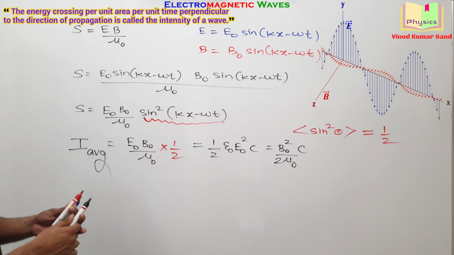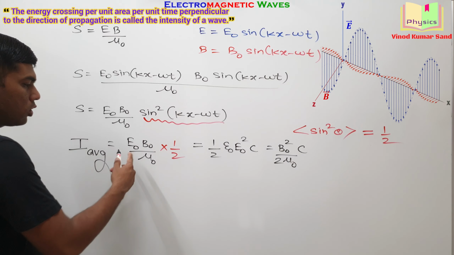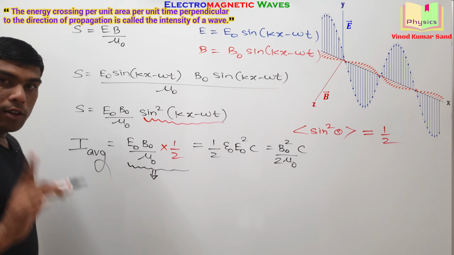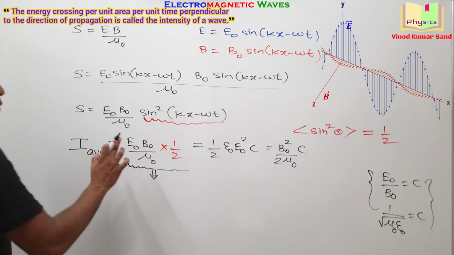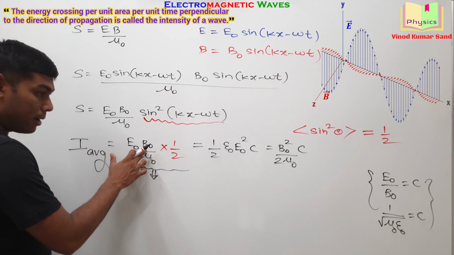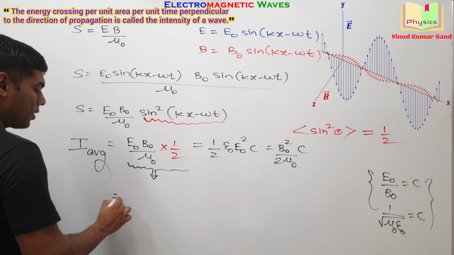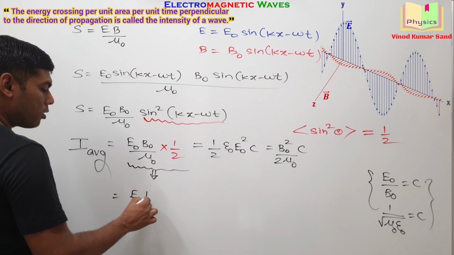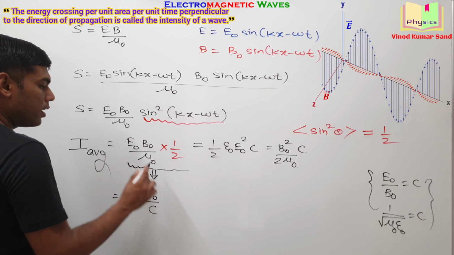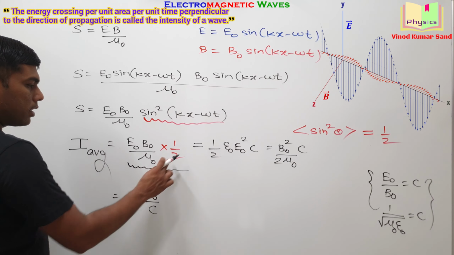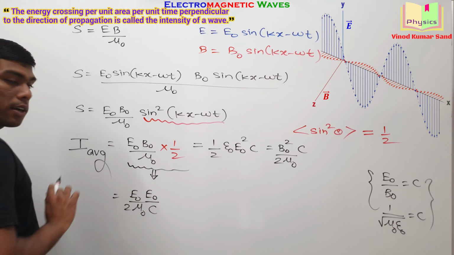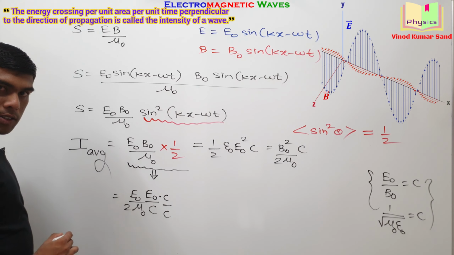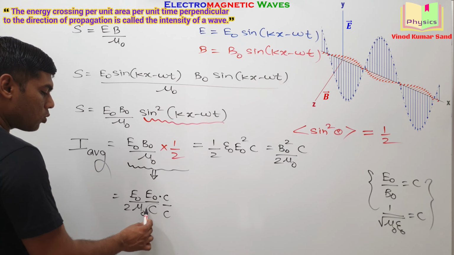How to obtain these expressions? Just pay attention. I am simplifying this expression again. We know two values. So here I am doing the replacement. See, at the place of B naught, what can we bring? E naught by C. Do you agree? There is mu naught here, there is 2 here. Done. Now I am multiplying by C here, dividing by C here. This is c square.